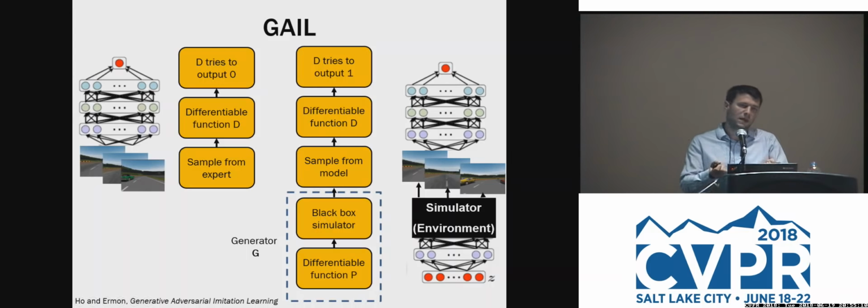You only have black box access to it, but you don't really know how it works, and you cannot backprop directly through it, right? So on the one hand, it's an easier generative modeling task because you don't have to learn the whole thing end to end. You don't have to come up with a big neural network that maps noise into behaviors. Some part of the model is given to you by the environment. On the other hand, it's harder to train because you don't really know how that black box works.